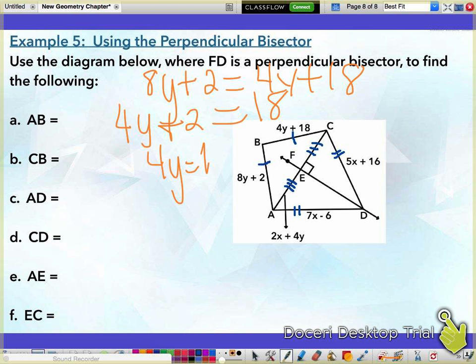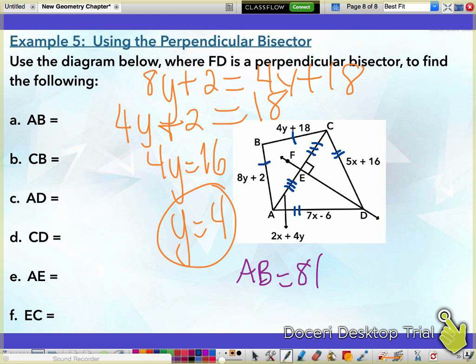Y equals 4. Okay, so now we just have to plug that back in for AB. So AB, 8 times 4 plus 2 is 34.